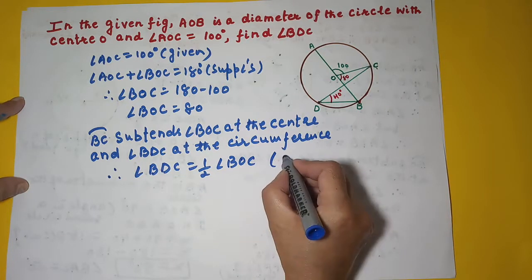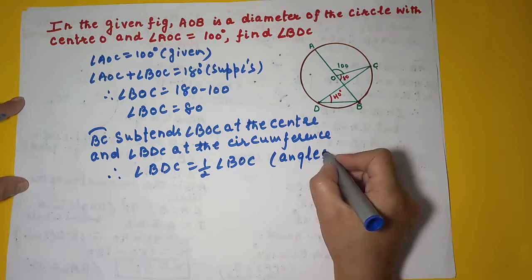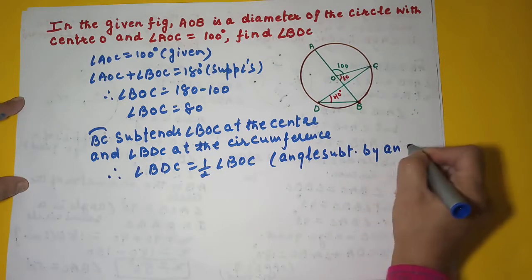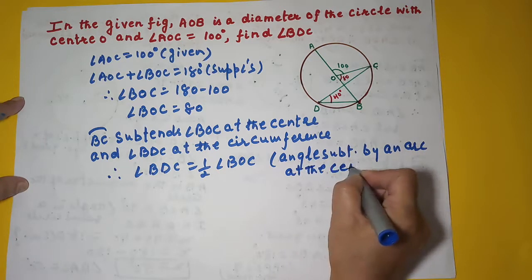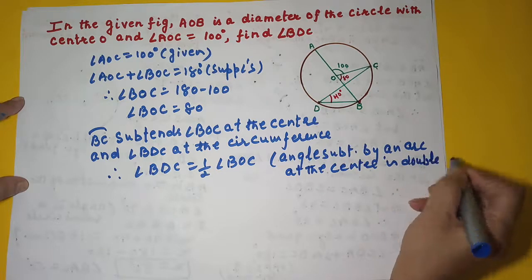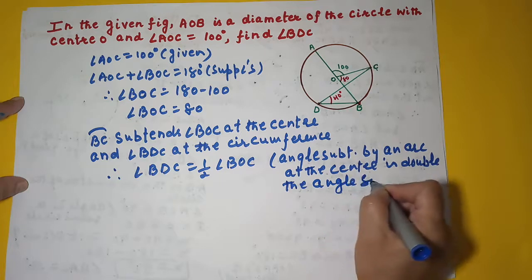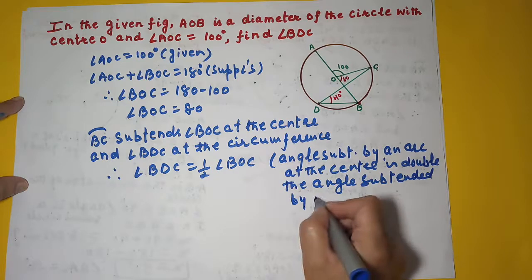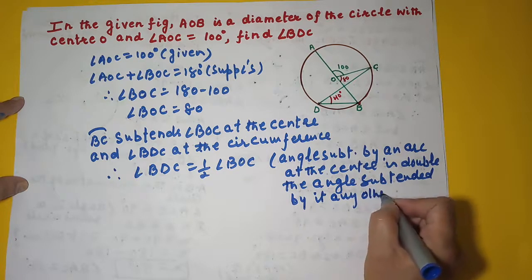So, you can write the reason. Angle subtended by an arc at the center is double the angle subtended by it at any other part of the circumference.